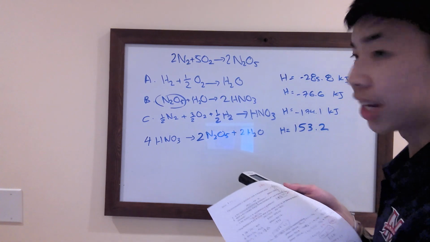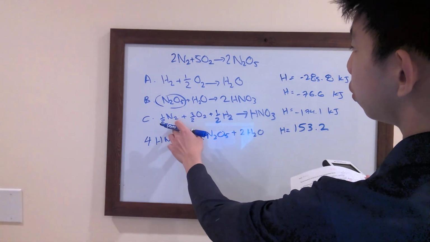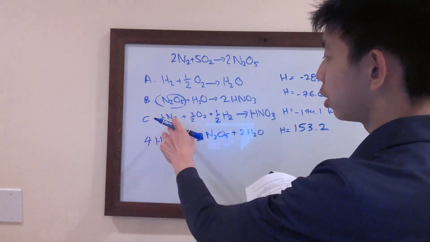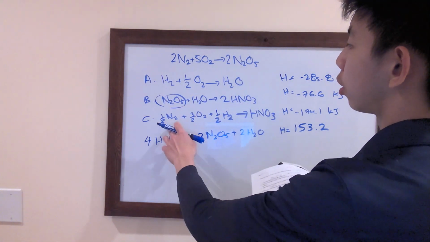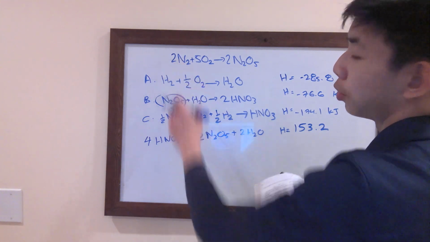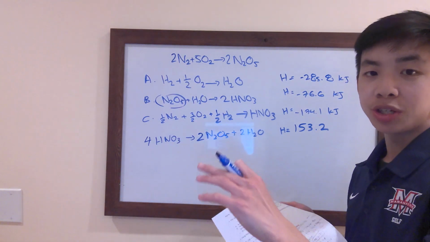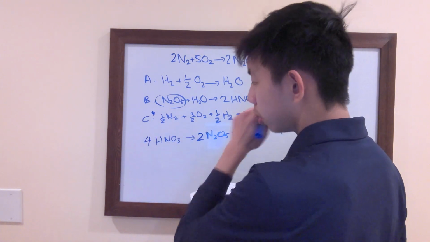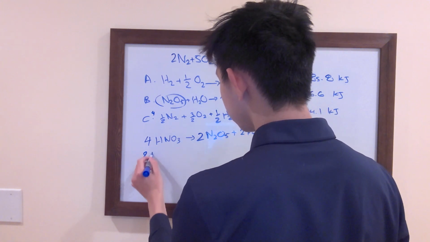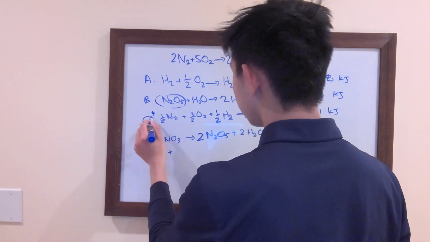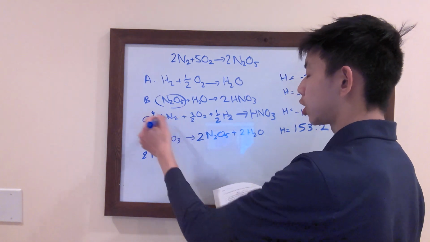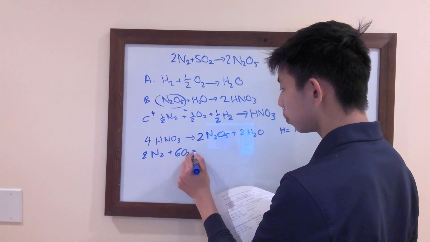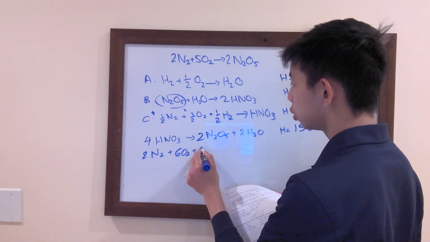Right. So, next step, right? This has an N2 on this side, N2 on that side. There's only one N2 out of this whole equation. And look, this N2 is 1/2, this is 2. So to turn 1/2 into 2, you multiply by 4. So you multiply this whole equation by 4. So this will be 2N2 plus, the cross cancel, so this will be 2, so 6O2, plus, same thing happens for this one, 2H2.